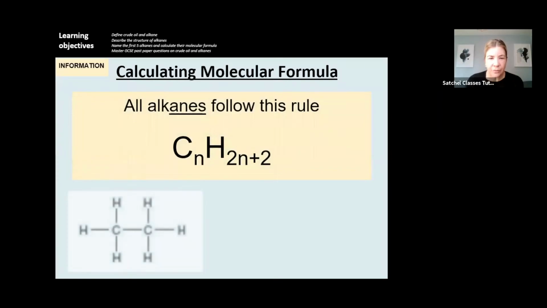Let's try one more. Let's try ethane. Again, don't worry if you don't know what it's called yet. We're going to cover that in a second, but this molecule is called ethane. Now let's try counting the number of carbon atoms and then working out how many hydrogen atoms there are, either by counting or by using this general formula. If the number of carbon atoms is 2, this is going to be 2 times 2 plus 2.